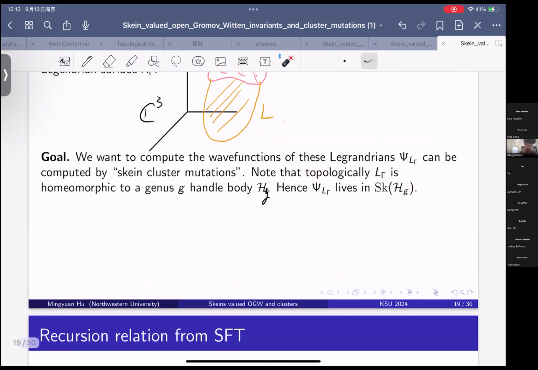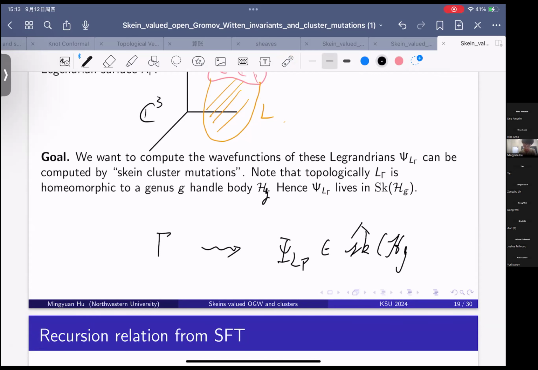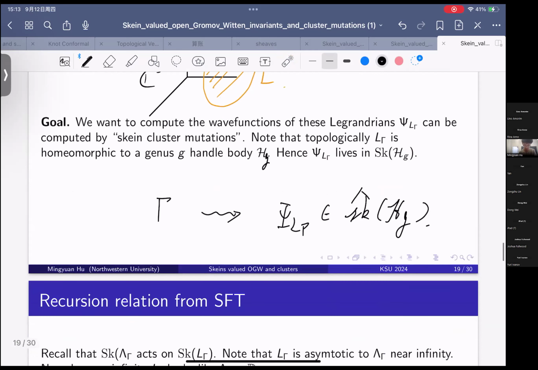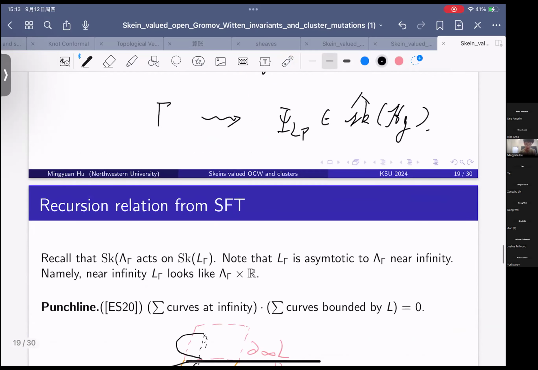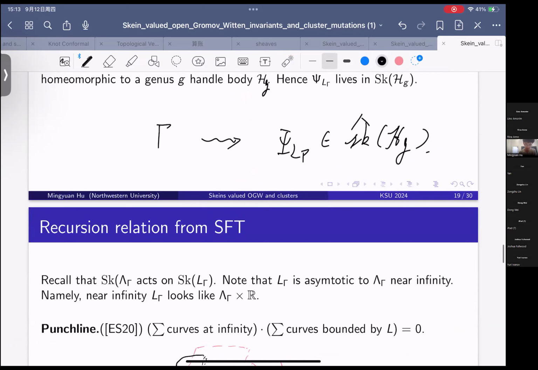So now the question is that whenever we have a gamma, we want to compute this wave function, which lives in the skein module, or maybe we need to take some kind of completion. And that wave function is the generating function of open Gromov-Witten invariants of gamma.